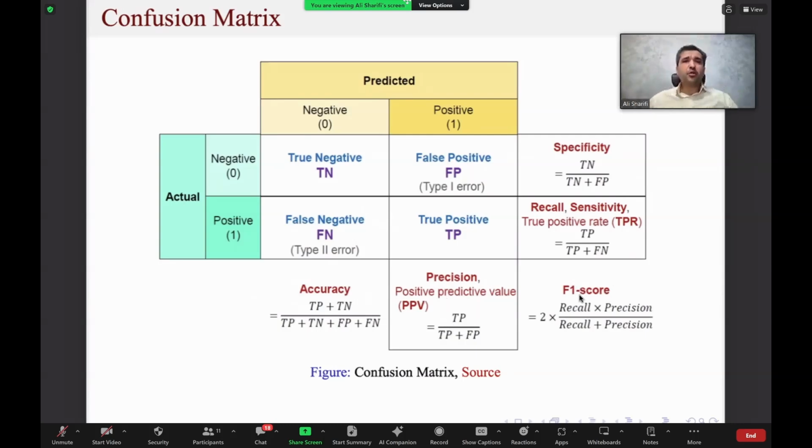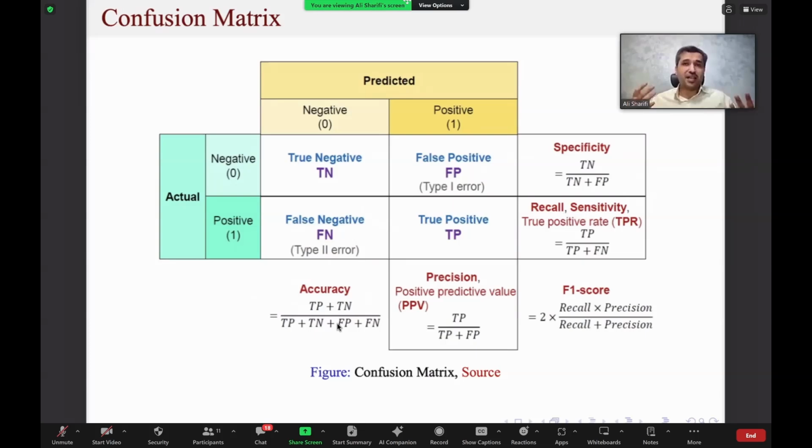And it's very important that whenever our number of samples is not balanced, for example, 95% of samples are cancer negative and we have only 5% of people cancer positive, if the test is negative for all of the people, we have 95% accuracy. But it does not mean that our test is valuable.